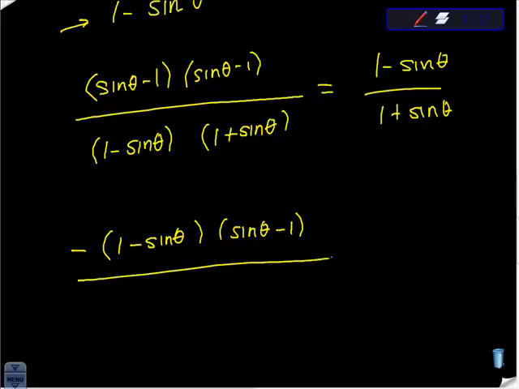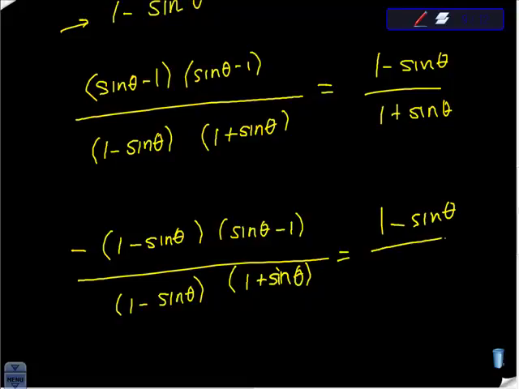Negative 1 minus sine theta, all over 1 minus sine theta times 1 plus sine theta.